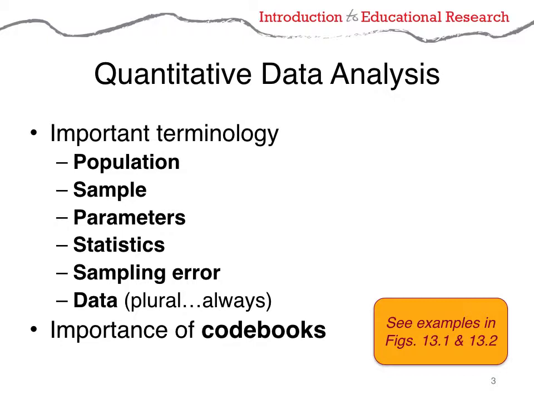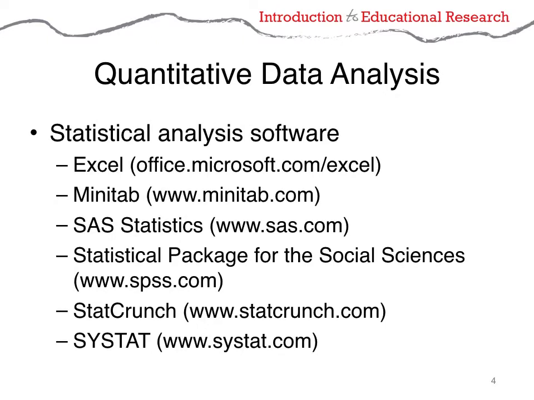So important terminology. Some of this is review: population and sample, and then parameters, statistics, sampling error, data. This is plural always. And then this concept of code books. This is the way that you can organize and describe your data in your quantitative analysis.